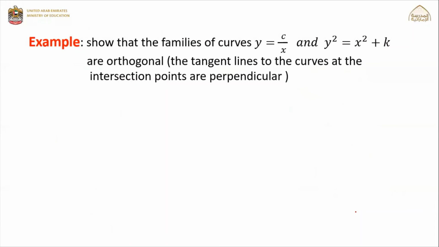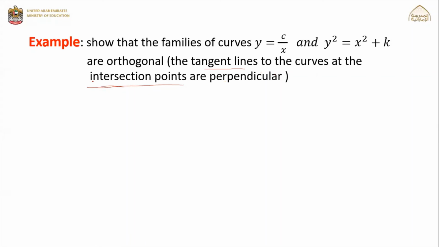In this example, he asked me to show that the families of curves y equals c over x and y squared equals x squared plus k are orthogonal. Now, what's the meaning of orthogonal curves? Orthogonal means that the tangent lines to the curves at the intersection points are perpendicular. What's the meaning of intersection points?